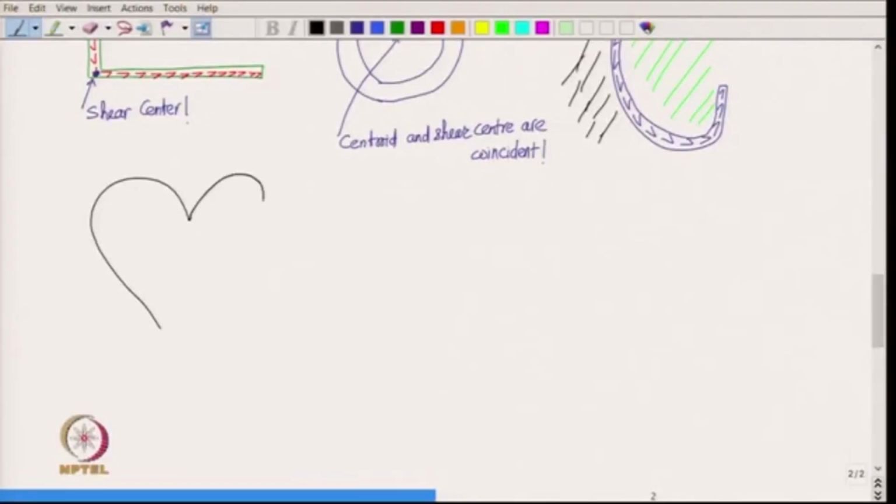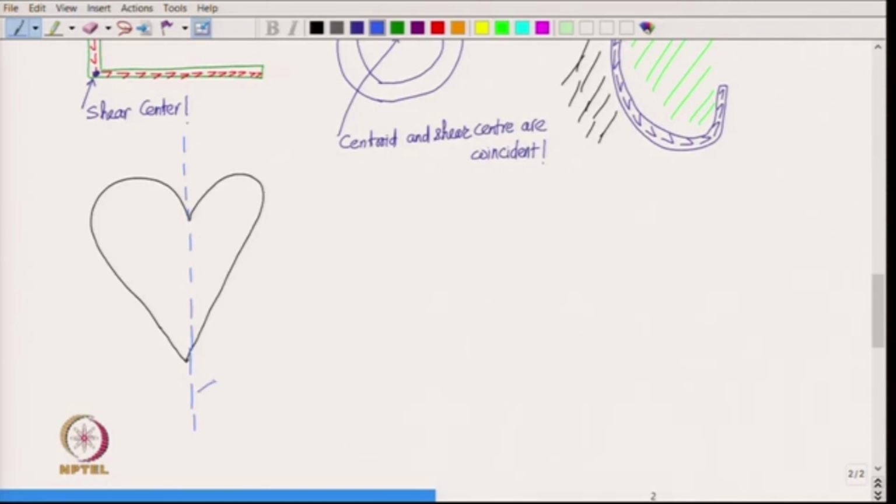So, if a cross section is symmetric about a line, then shear center is always going to lie on that particular line. For example, if we think of a cross section which has got the shape of a heart, okay. So, this has got a line of symmetry which is this vertical line, and shear center will be a point somewhere on this line only.